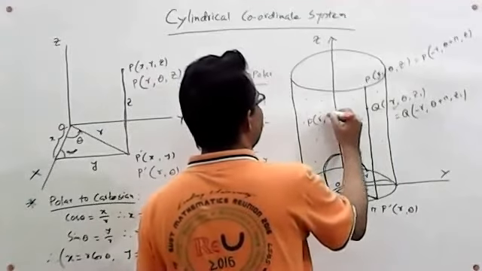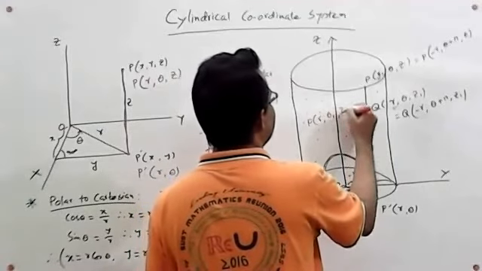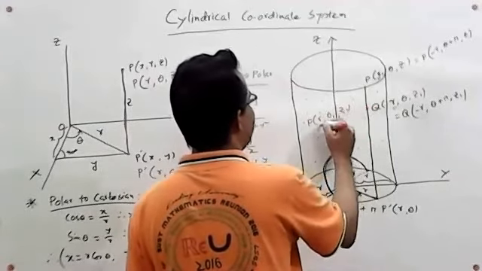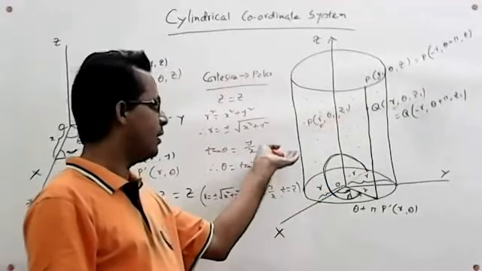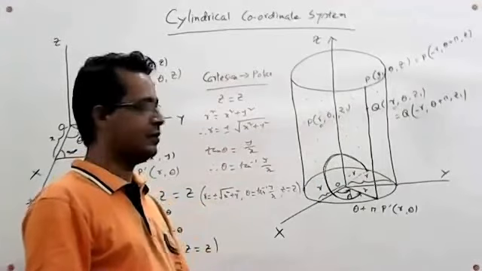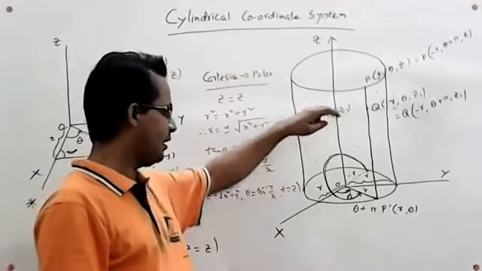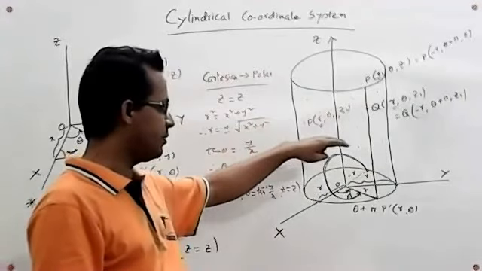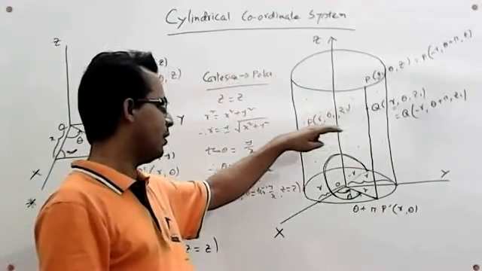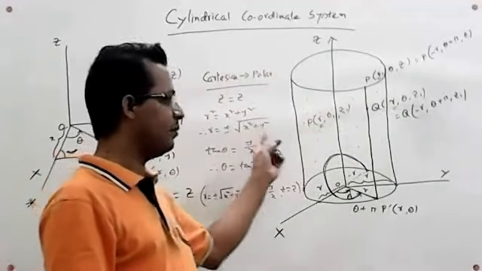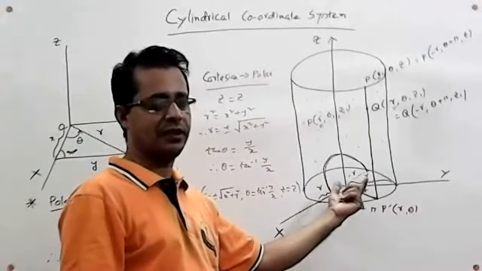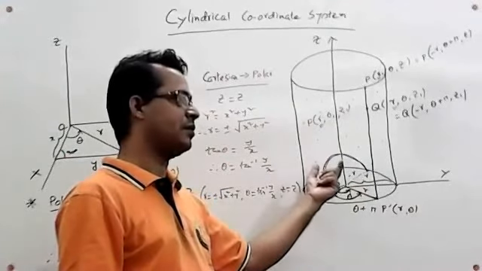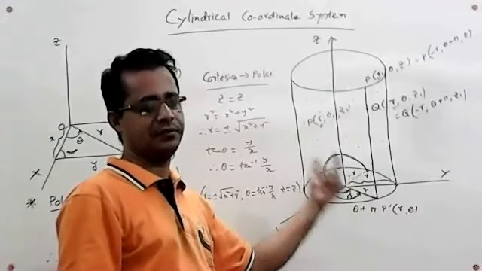Theta and z can change, but r is fixed everywhere, and it denotes the radius of the cylinder. Since r is fixed everywhere on the curved surface, it represents the radius of the respective cylinder. That is why this coordinate system is called the cylindrical coordinate system.